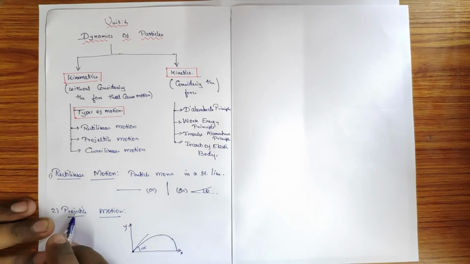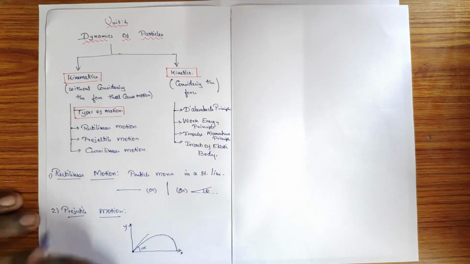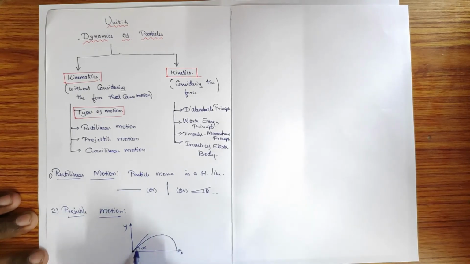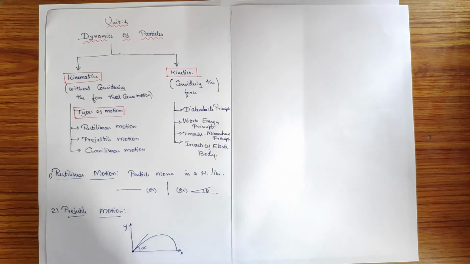This kind of analysis we will be doing in projectile motion. So what do you mean by projectile motion? When a particle is thrown at an angle with an initial velocity, it moves under the effect of gravity and traces a path called a parabola on the vertical plane, which is called projectile motion.